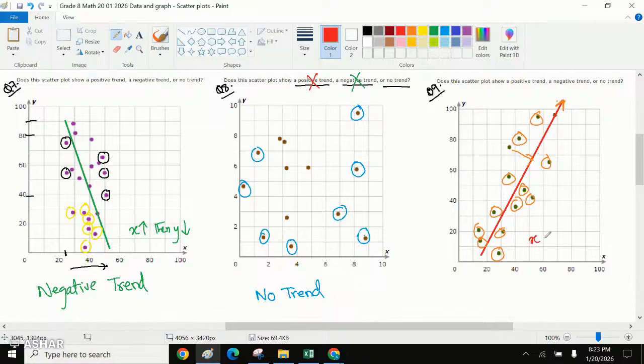That means if X is increasing, then Y is also increasing. I'm using an up arrow for increase and a down arrow for decrease. So what do we say? Because it has a positive slope, it's going upwards, we say this is a positive trend scatter plot, right? Do we agree?